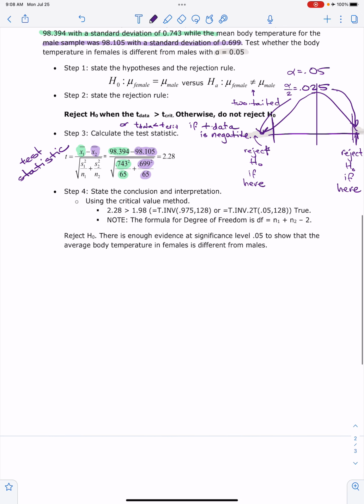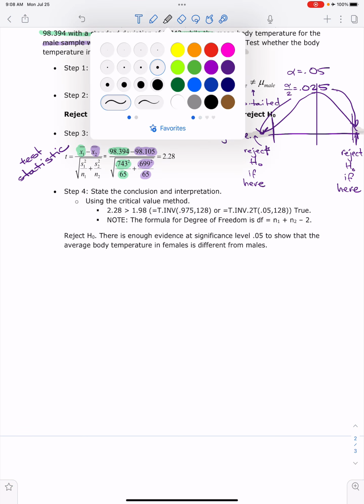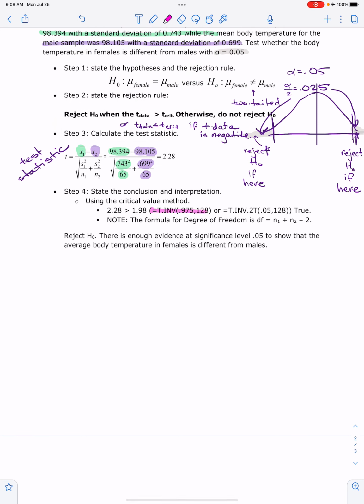Okay, now, to find that T critical value, remember there are two ways, if we've got a difference, to find the critical value when we have a probability. I can use T dot inverse. Again, my test statistic is positive, so I only focused on that positive and that 0.975. Or we can use T dot inverse two-tail and just use that whole alpha.